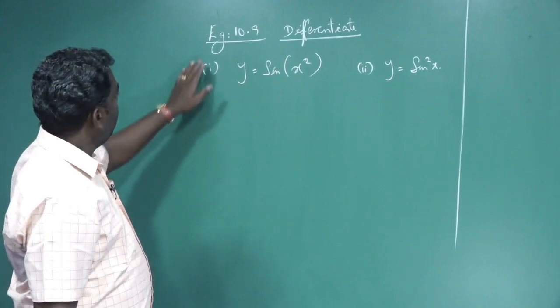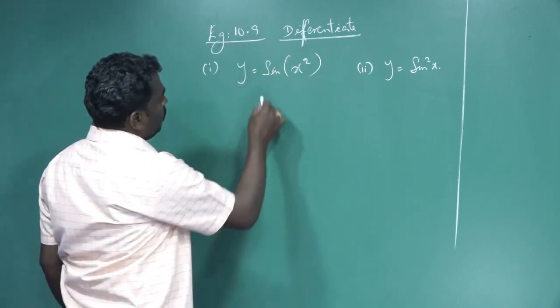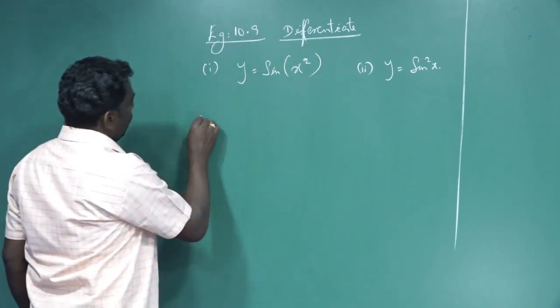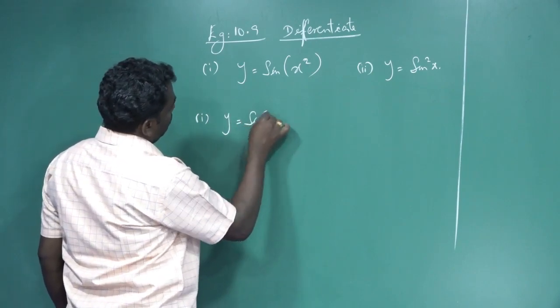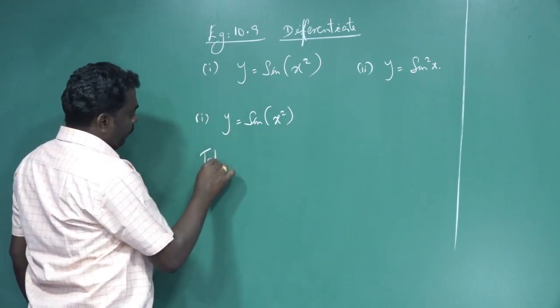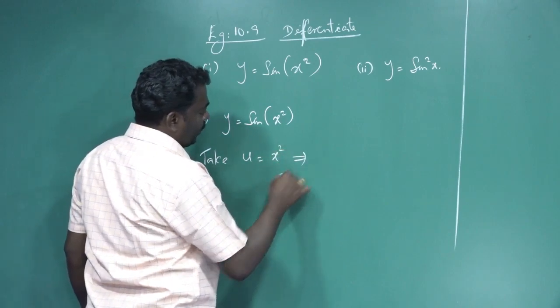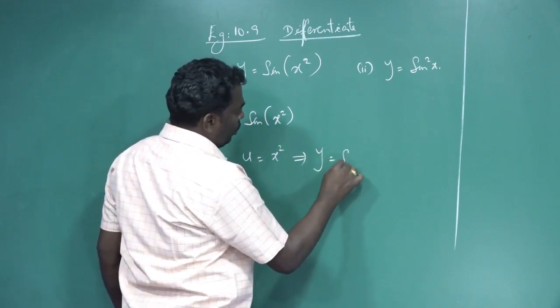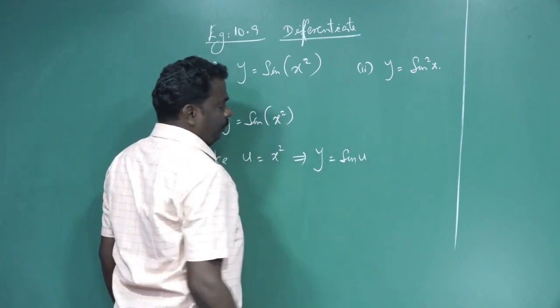Come to the next example, number 10.9. Differentiate y equal to sine of x square. First, y is equal to sine of x square. Now let us take u equal to x square, that implies y equal to sine of x square, considered as u, therefore written as sine u.